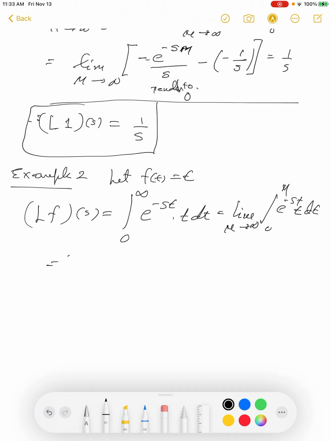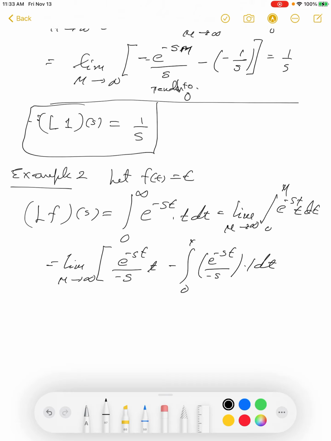So this will be the limit as m tends to infinity. I integrate first of all e to the minus st, so e to the minus st by minus s times the other function, minus the integral of the integrated thing, which is e to the minus st by minus s times the derivative of t, which is 1.